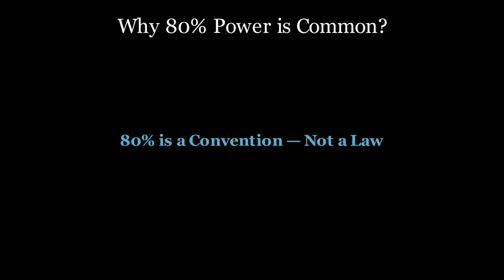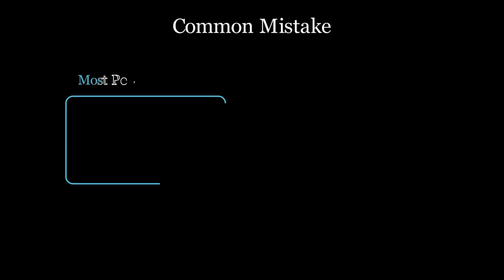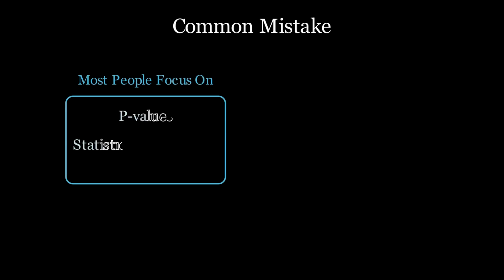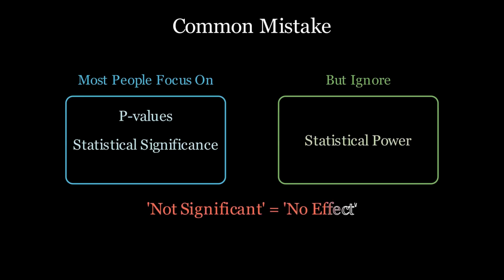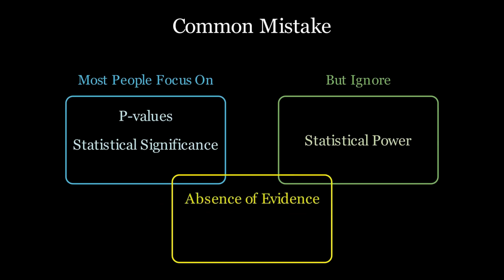But even with this knowledge, many people still make one major mistake. They obsess over p-values and statistical significance, but ignore power. So they think not significant means no effect, which is false, because absence of evidence is not evidence of absence.